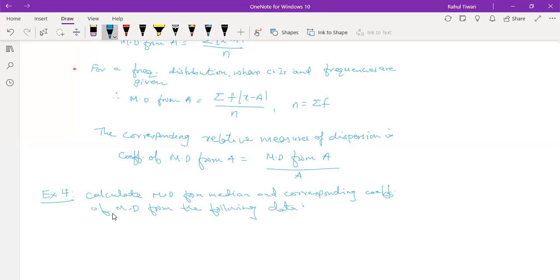Okay, so let's take the data. It is 100, 150, 200, 250, 360, 490, 500, 600, 676. Take down the solution.